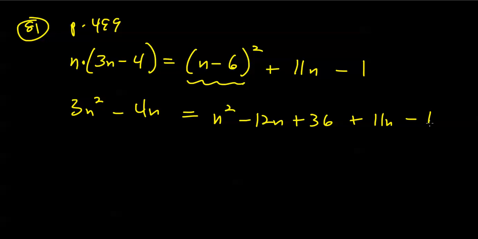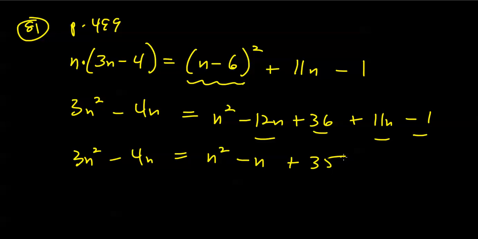Let me crunch things together on the right hand side. n squared, no other n squared term on the left. I can combine these degree 1 terms. Minus 12n plus 11n is minus n, and 36 minus 1 is, of course, plus 35.